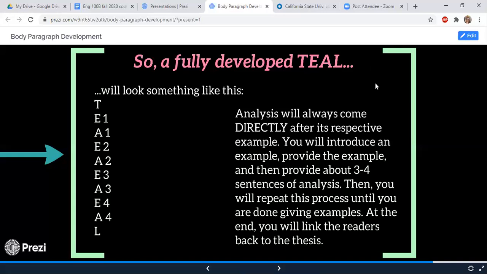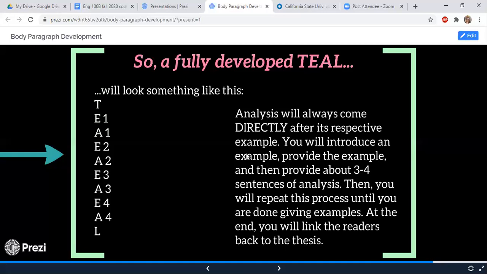That's why I like TEAL, because keeping this in mind and knowing, okay, this comes after every example, and before I get to the analysis, I have to contextualize the example and describe it and make it really specific. And then I'll go into really specific analysis, about 3 to 4 sentences long, and you'll repeat that process. It's basically going to guarantee that you'll have no trouble meeting the page length. Does that make sense? So that's why I recommend this to students.